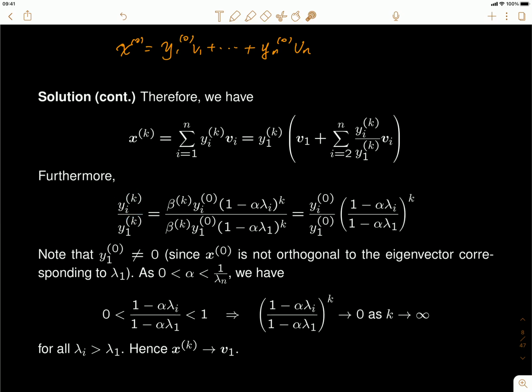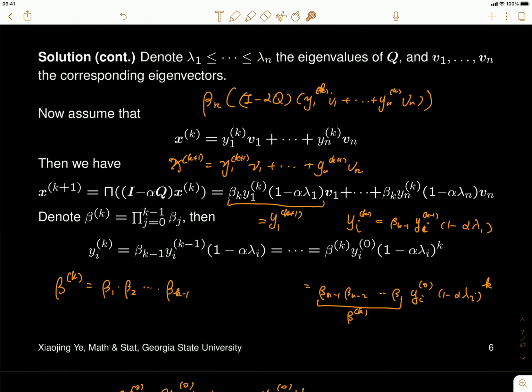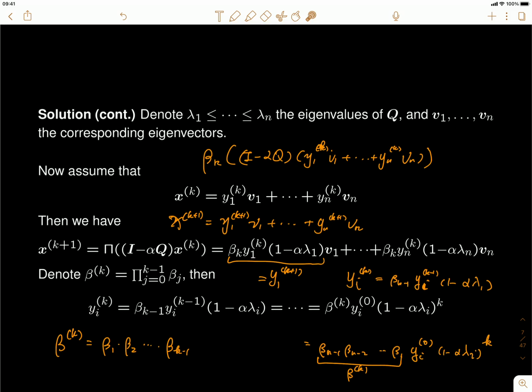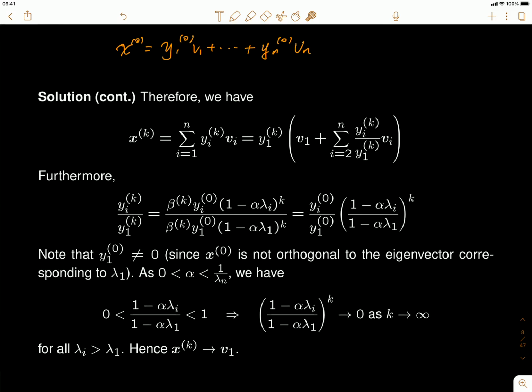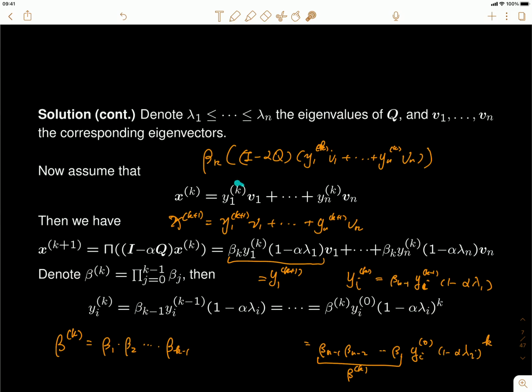Okay, the yk goes to 0. Remember, yk is a coefficient for the vi. So except for the first term, all the other terms go to 0. All the coefficients of the other terms go to 0, and then we end up with just a 1 here.